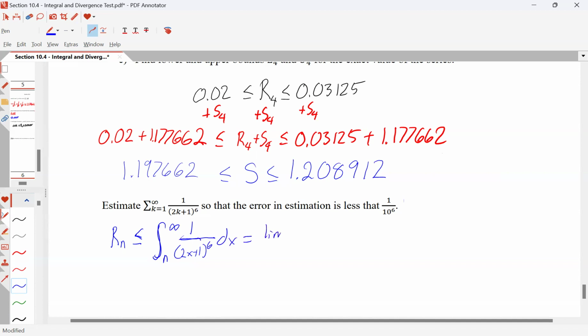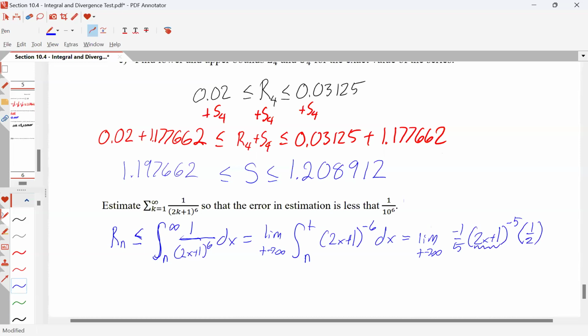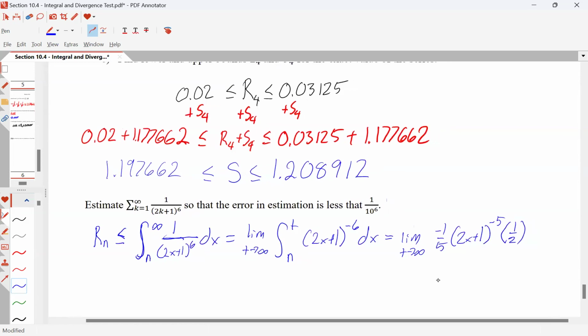Working this out, this is the limit as t goes to infinity of the integral from n to t of (2x plus 1) to the negative 6 dx, which is, this integral would work out to be negative 1/5 times (2x plus 1) to the negative 5th times 1/2 by the u sub for that inside piece, from n to t.